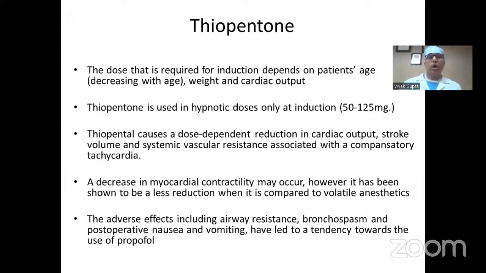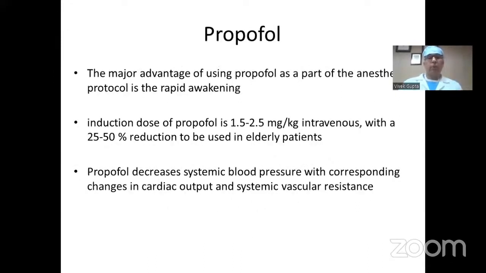For thiopentone, we can use a hypnotic dose ranging from 50 to 125 milligrams, because it leads to a decrease in cardiac output, stroke volume, and systemic vascular resistance. A decrease in myocardial contractility can also take place. We should always remember that it can increase airway resistance, it can precipitate bronchospasm, and it may lead to postoperative nausea and vomiting, with more risk compared to propofol.